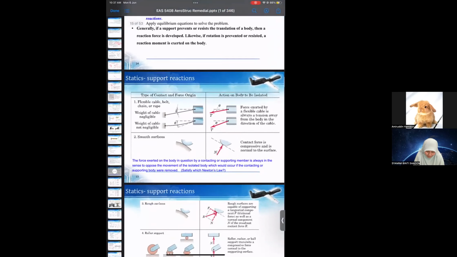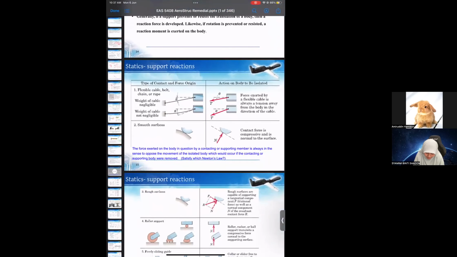For example, these are examples of support reactions and types of contact.